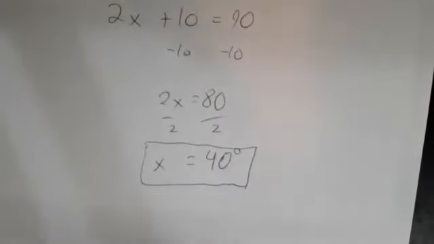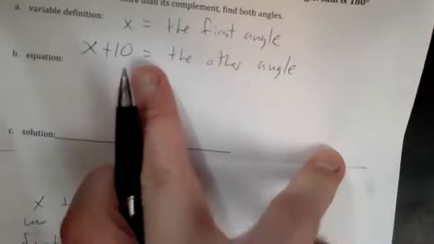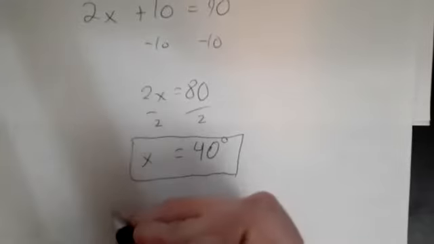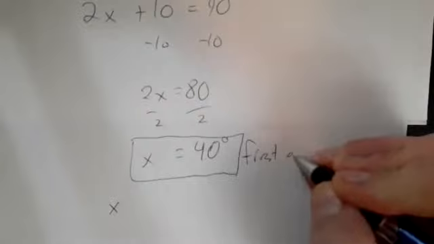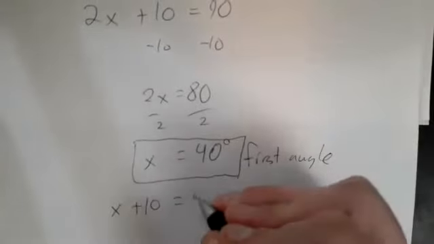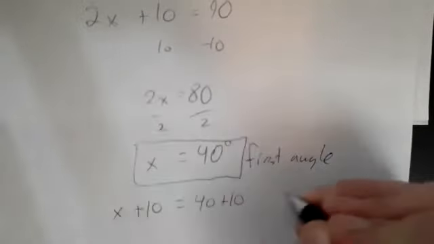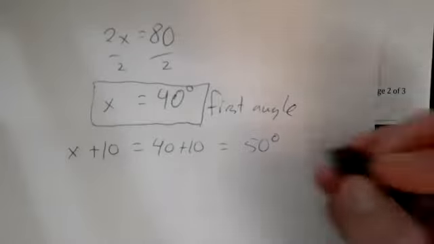So x would be the first angle. So we still need to find the other angle, which looks like x plus 10. So the x is 40. So that is my first angle. So I still need to find x plus 10, which is my second angle, or 40 plus 10, which gives me 50 degrees for the other angle.